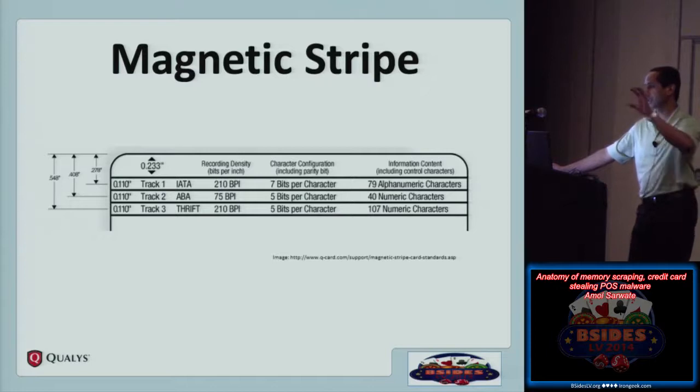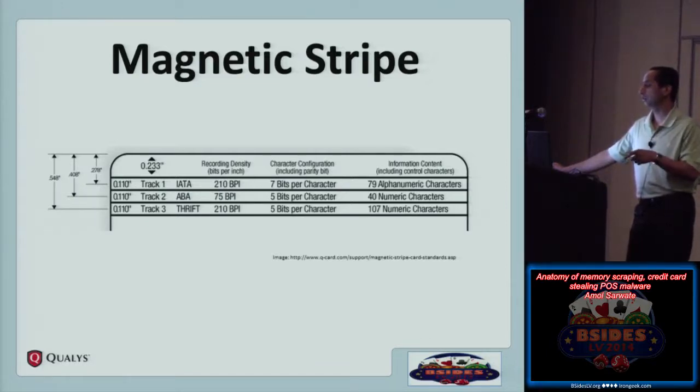This is what is on the back side of your card on the magnetic stripe. It stores 7 bits per character, so that allows the banks to store 79 alphanumeric characters on track 1. We'll go into details about track 1 later.